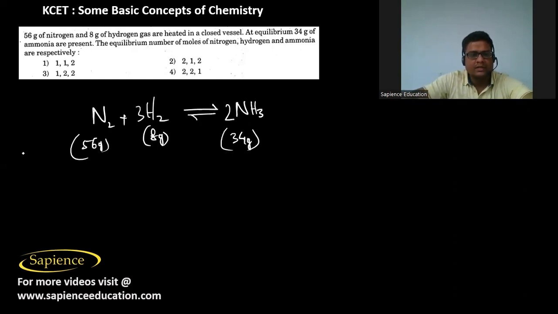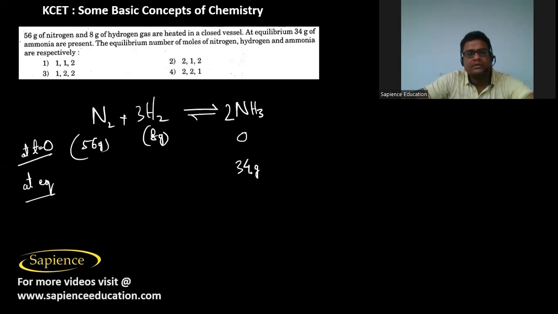So it is told that at t equal to 0, means initially, ammonia is not formed. The amount of mass of ammonia formed is 0, and at equilibrium 34 gram of ammonia is formed. Then what is the equilibrium number of moles of nitrogen and hydrogen here?